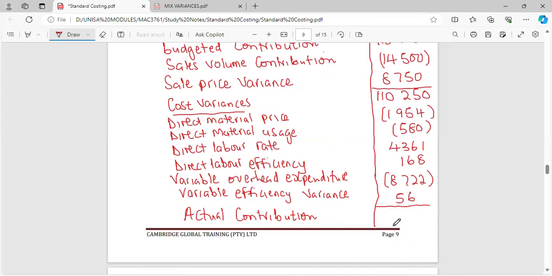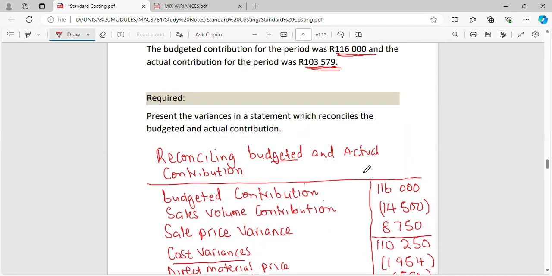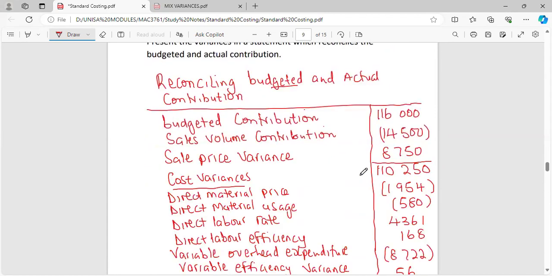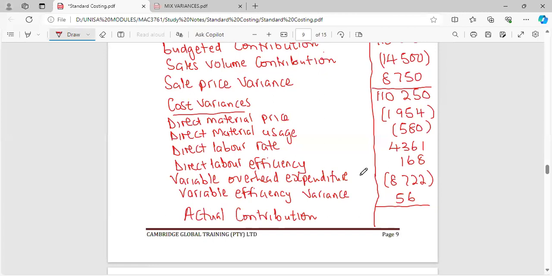That's how we do our reconciliation in the question. So how much are we going to have all in all? We start from here, going down, adding everything that needs to be added and subtracting everything that needs to be subtracted. But at the end of the day, we should have the one that is given, 103579. Let's just double check if it is correct.